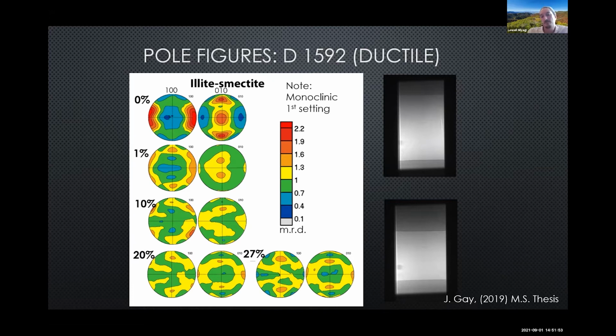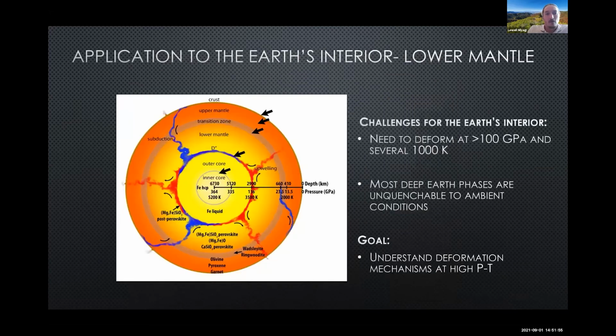low pressure crustal phases. Okay, so what I really wanted to get into here was application to the Earth's interior, and particularly into the lower mantle. And as Shun pointed out, there's some real challenges to this. We need to deform things at sort of 100 GPa and several thousand Kelvin. And there's also a challenge that many of these phases are unquenchable, right?